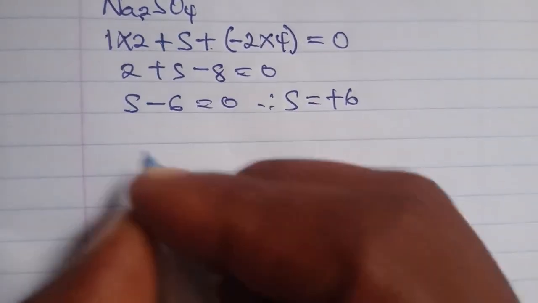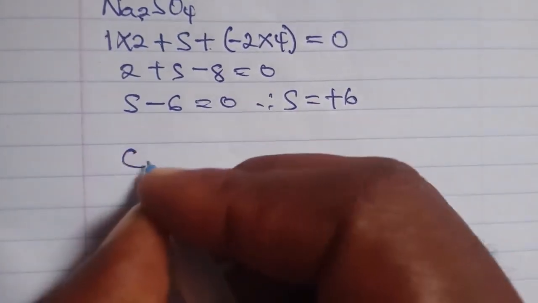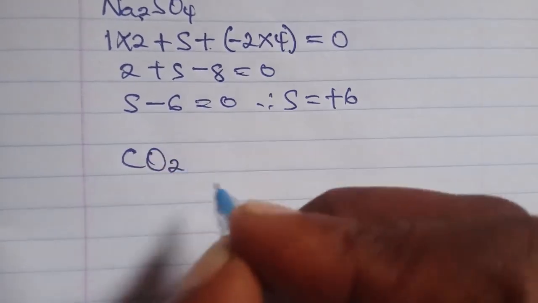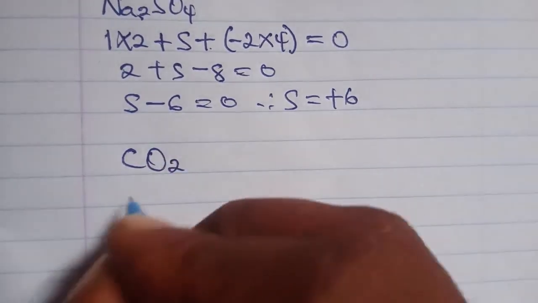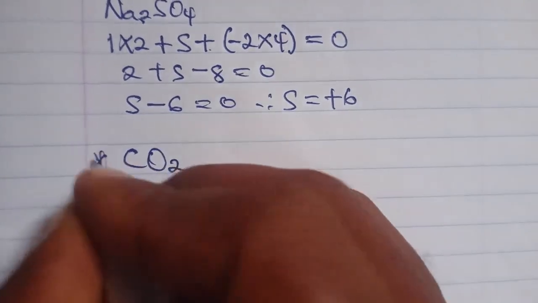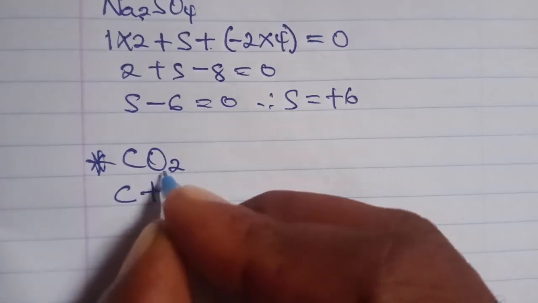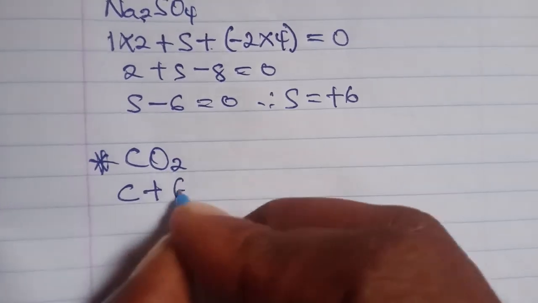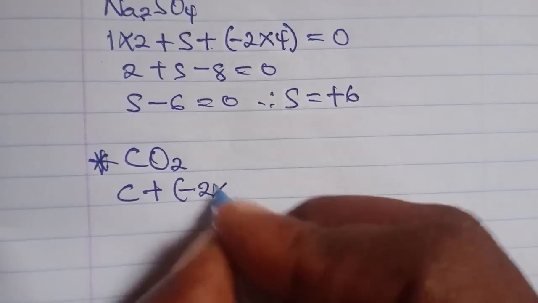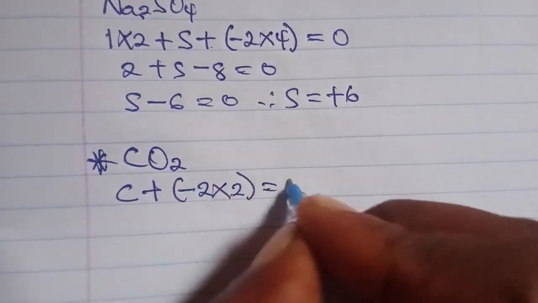The next one, let's calculate the oxidation number of carbon in carbon(IV) oxide. We still need the oxidation number of carbon plus the oxidation number of oxygen, which is -2 times 2, equals 0.